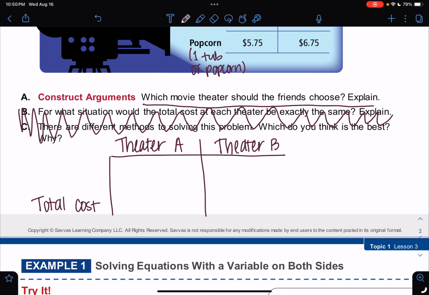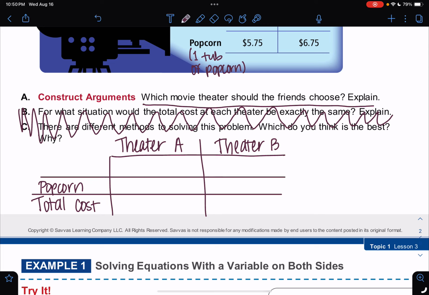What's going into the total cost is our popcorn and the number of tickets, or the ticket price. Now we've got what we need.